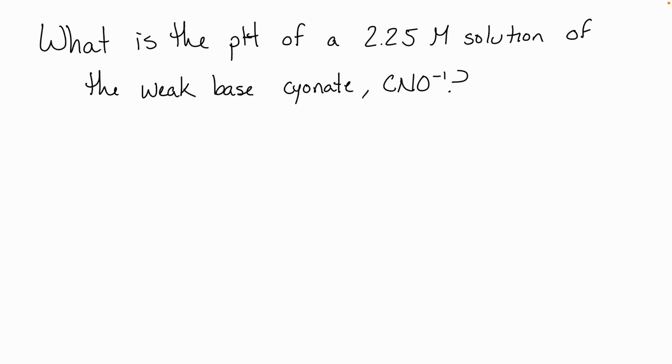All right, so now we're going to do this solution of weak base here. The pH of a 2.25 molar solution of this weak base, the cyanate ion. Everybody take a second and copy this down so I can put up our constants page.